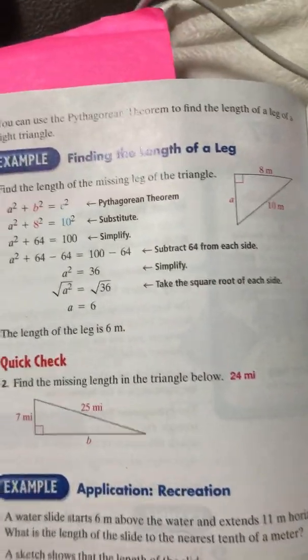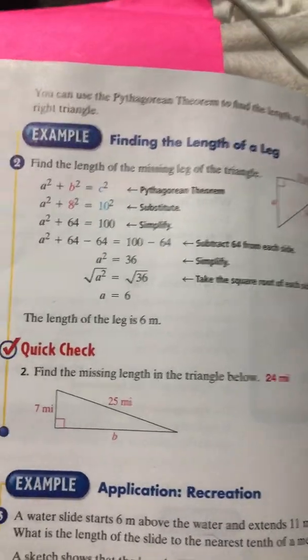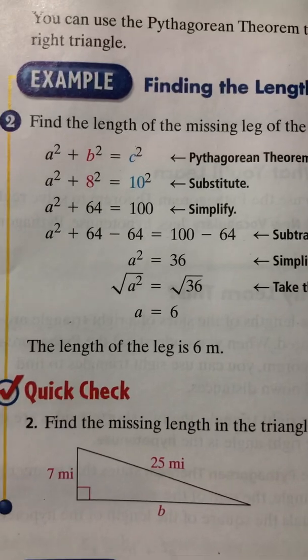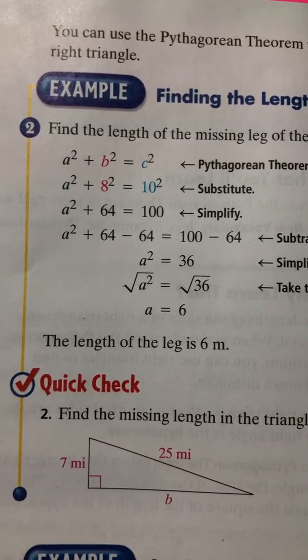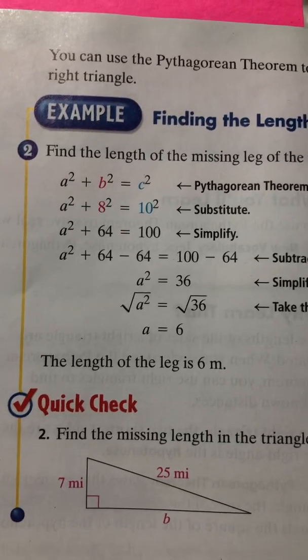As you go on to the next page, if they were to give you the hypotenuse and a leg, and you have to find the other leg, you are going to work through this equation in a different way. It's just like before with algebra, you just solve to find the unknown.